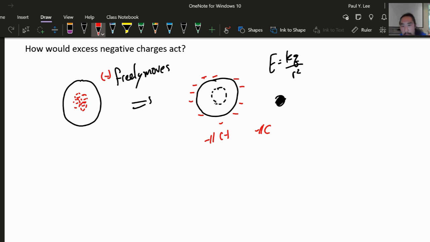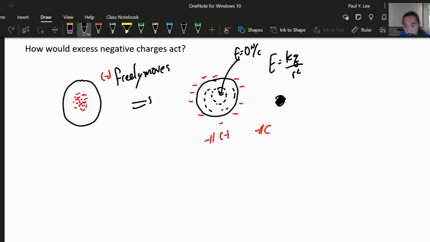If we take a zoomed in view and look at that portion, we can say that there are no excess negative charges. And the question is why? Well, we just went over it: because they're all on the outside. And so the E field within here is actually 0 newtons per coulomb. What if we expand our view?